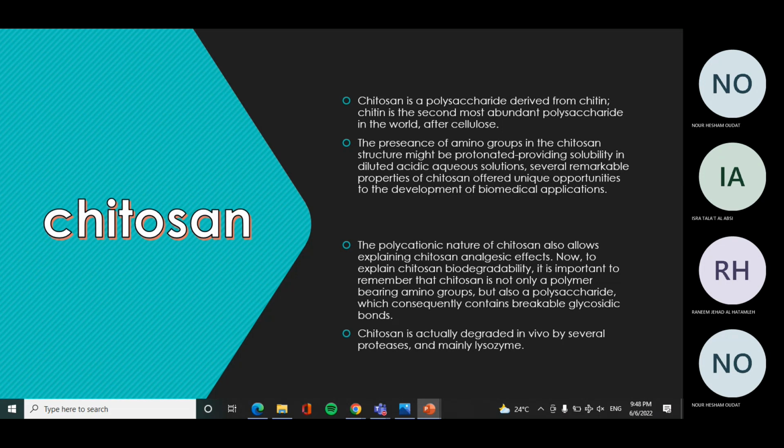Now, to explain chitosan biodegradability, it is important to remember that chitosan is not only a polymer bearing amino groups, but also a polysaccharide, which consequently contains breakable glycosidic bonds. Chitosan is actually degraded in vivo by several proteases, mainly lysozyme.